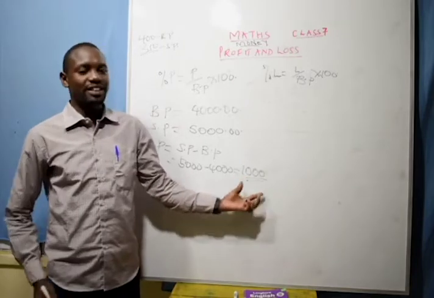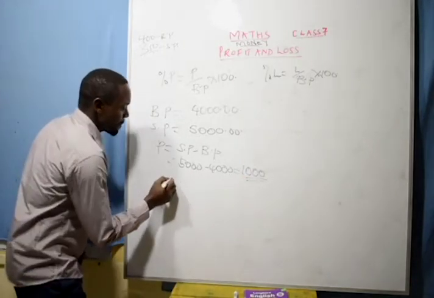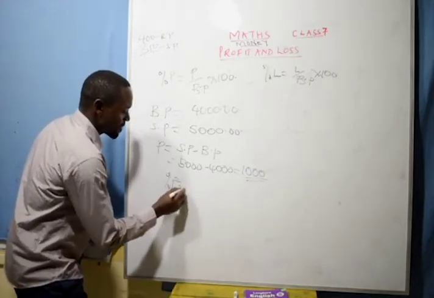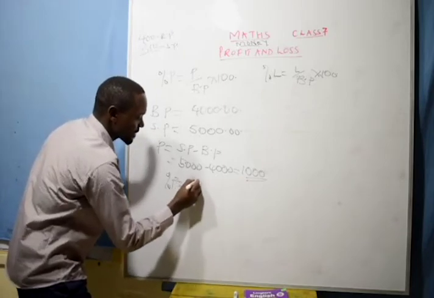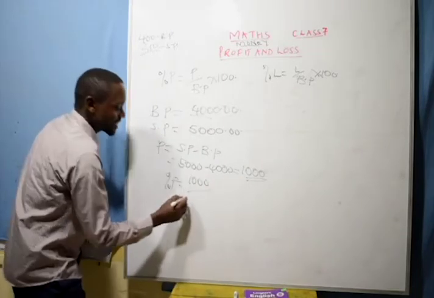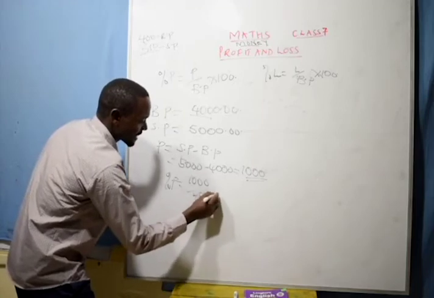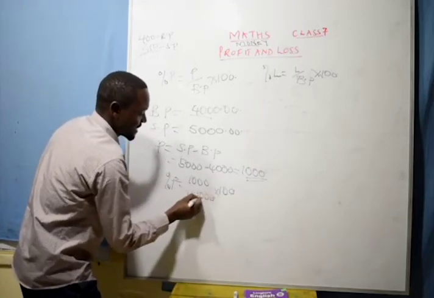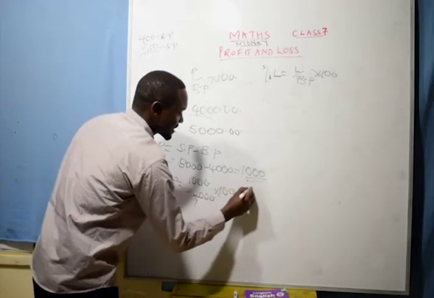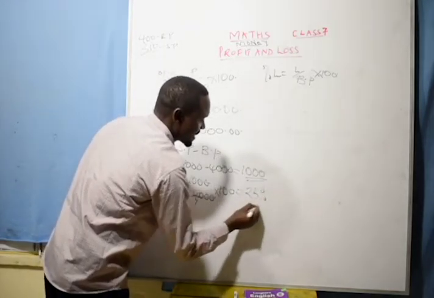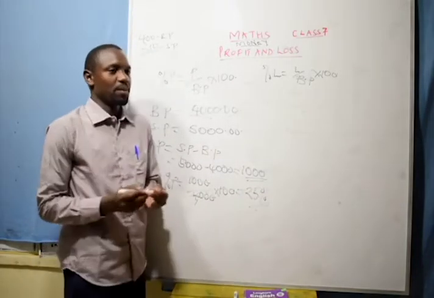To calculate the percentage profit, we say percentage profit is given by the profit, which is 1,000, over the buying price, which is 4,000, times 100. So you realize that this is 25%. That's the percentage profit.